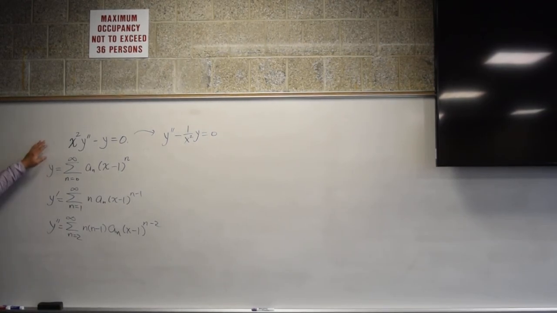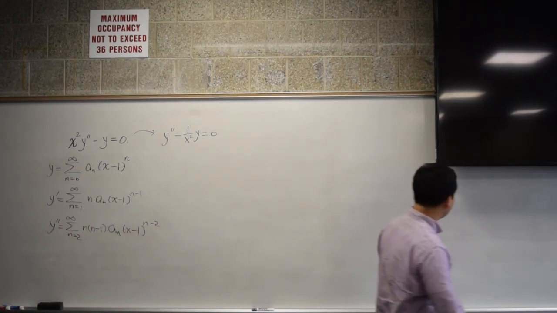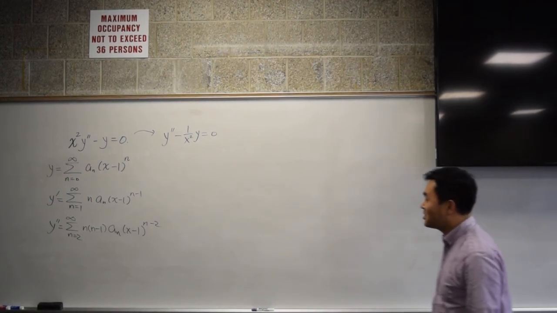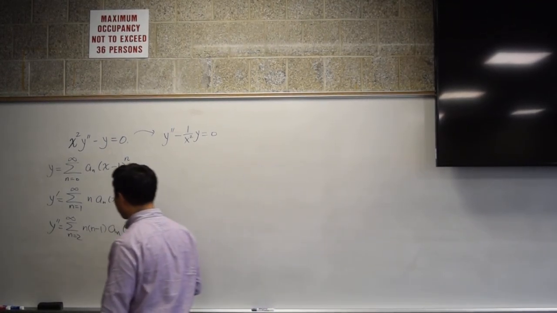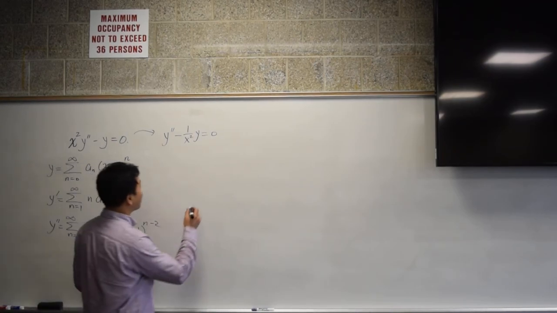And now we plug this in here, and let's see. Okay, so that's going to be a lot more complicated than I thought. Well, let's plug it in and let me show you what's going wrong here.